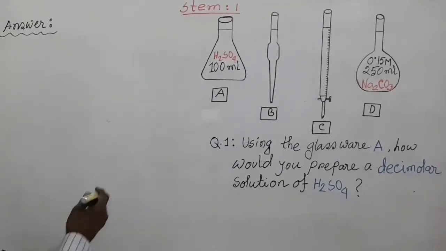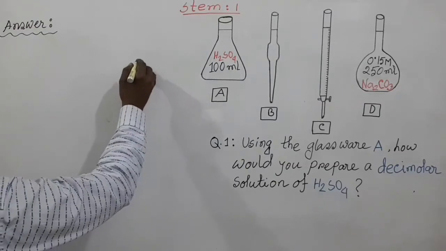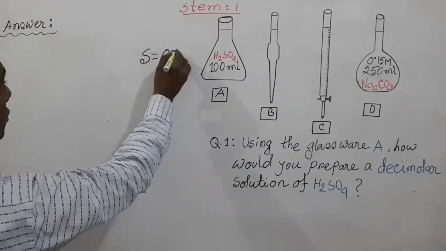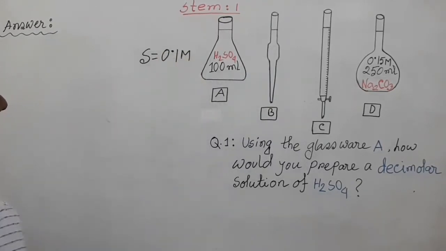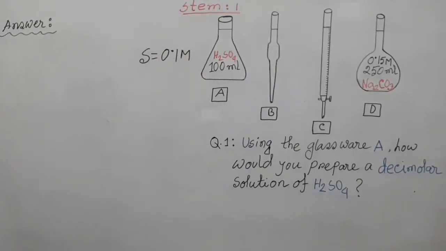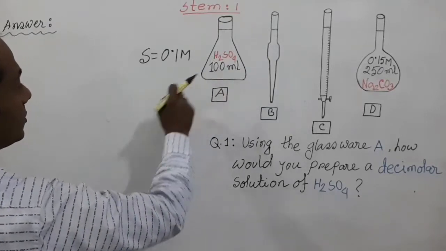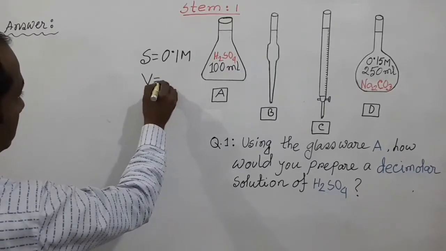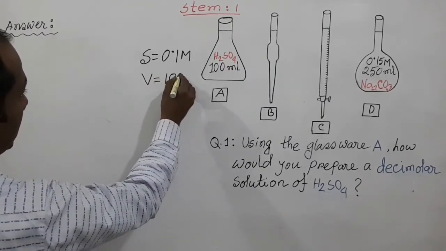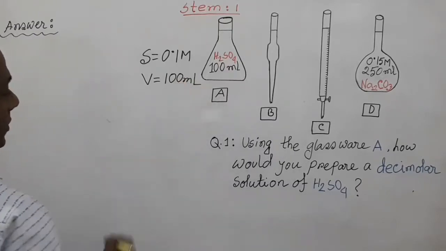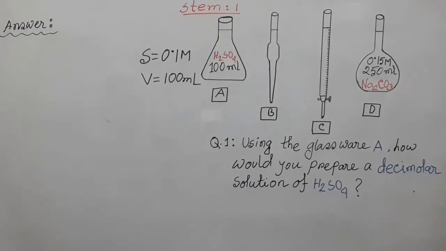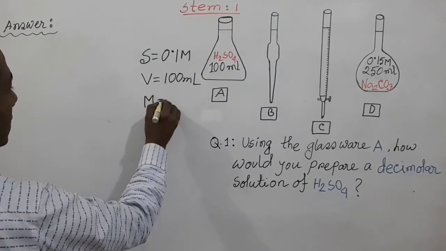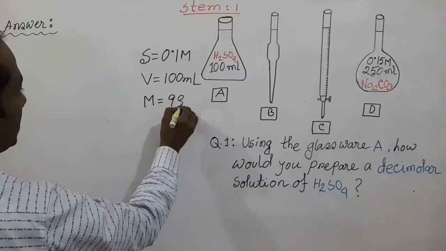That means, my dear students, the given concentration S is equal to 0.1 molar, and the given volume of sulfuric acid is V equal to 100 ml. The molecular mass of sulfuric acid, M, equals 98 gram.